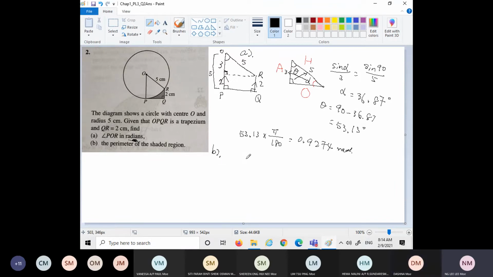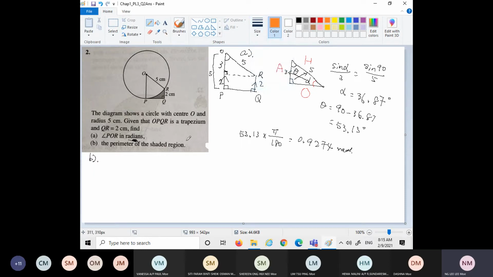The perimeter of the shaded region. Maybe I start from here. Can you see this color? The size maybe a bit bigger.